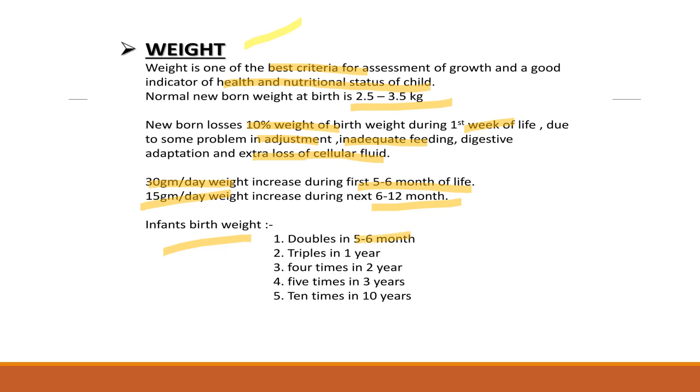If birth weight is 2.5 kg, it will reach 5 kg by 5 to 6 months, and it triples in 1 year, that is, it reaches 7.5 kg. Then 4 times in 2 years, 5 times in 3 years, 10 times in 10 years. It is asked in every multiple choice question, PSC, Kerala, all AIIMS questions they are asking.